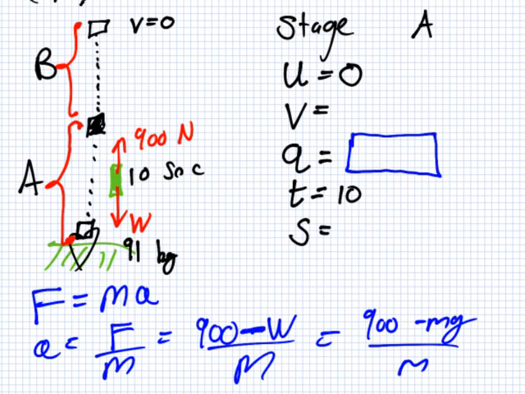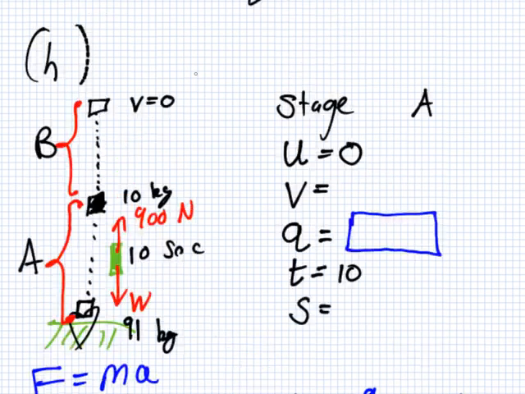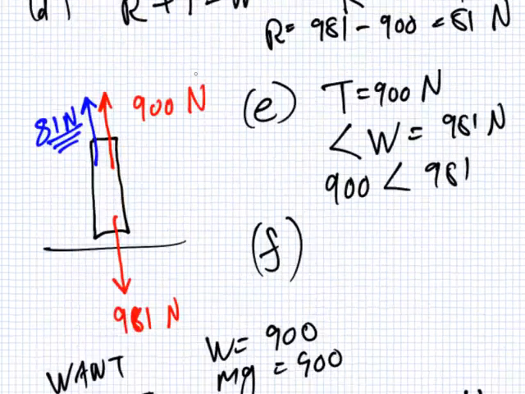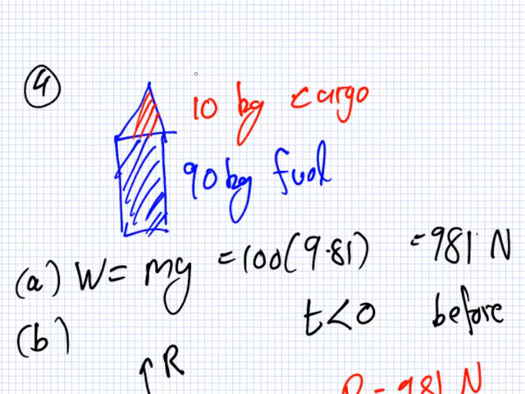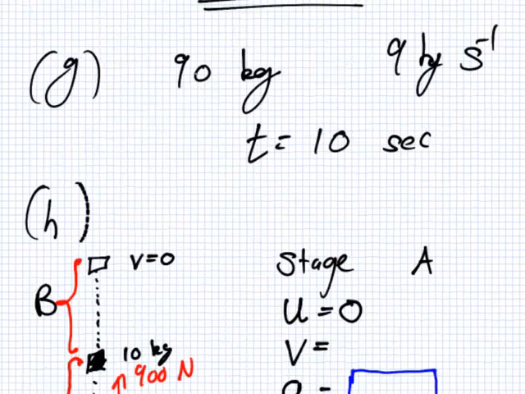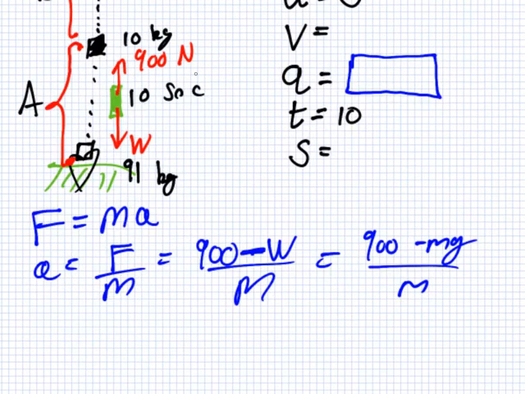Anybody know? 10. Yes, because in my little picture at the start, it was 90 fuel, 10 cargo. So what we could use is we could say the m is roughly 10 plus 91 over 2.